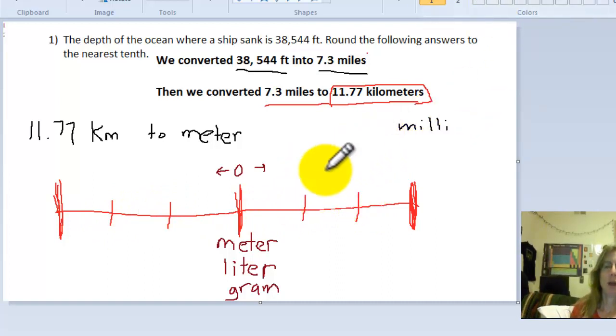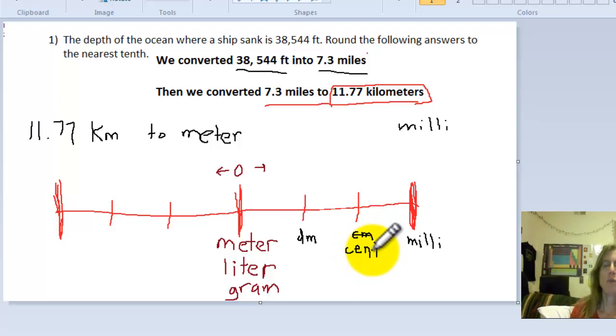What these are labeled as, always, doesn't matter whether you're using meters, liters, or grams. This one here is a decimeter. This is a centimeter. And here's our millimeter. I'm sorry, milli is our prefix here. I'm just going to write the prefixes, not the entire word.